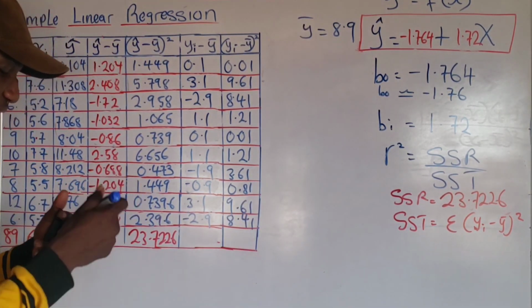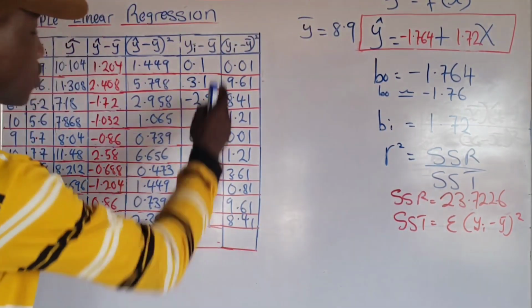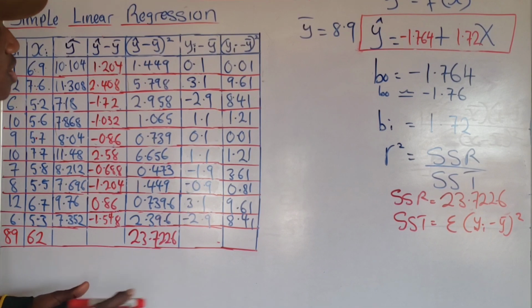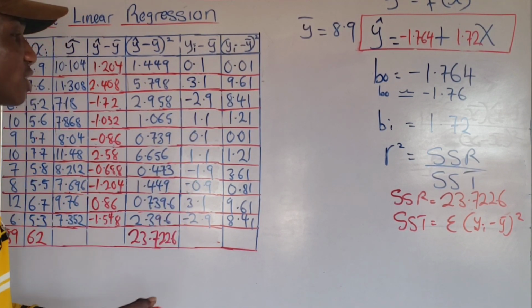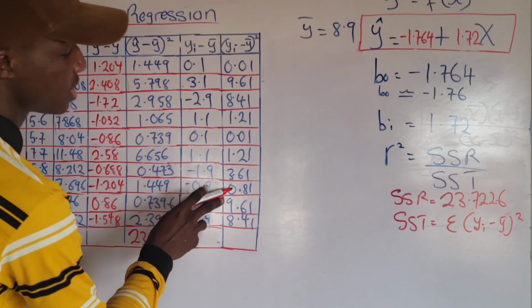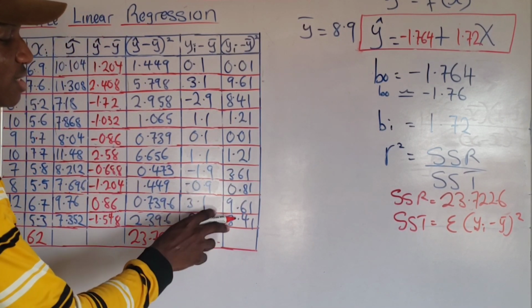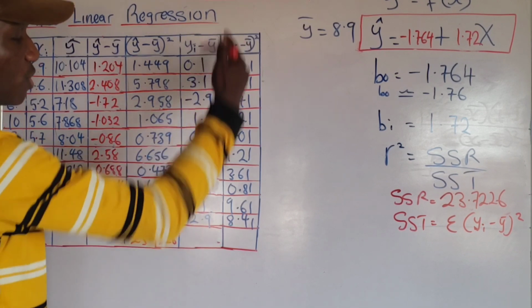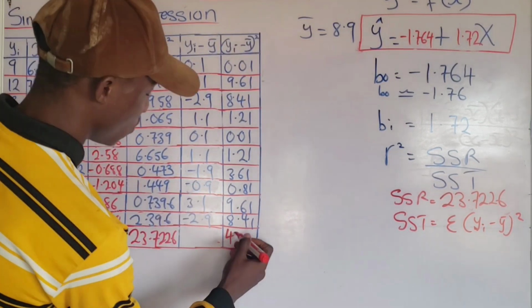Now, if you check the formula again, we still need the summation. So I'm going to sum up all these values: 0.01 plus 9.61 plus 8.41 plus 1.21 plus 0.01 plus 1.21 plus 3.61 plus 0.81 plus 9.61 plus 8.41. If you sum all these together, you're going to have 42.9.